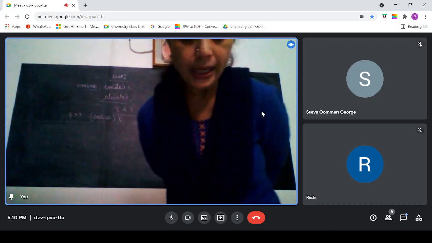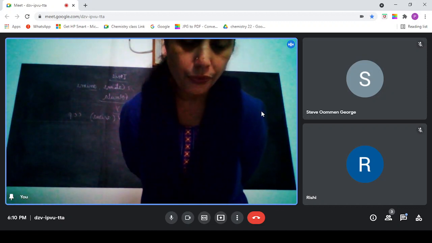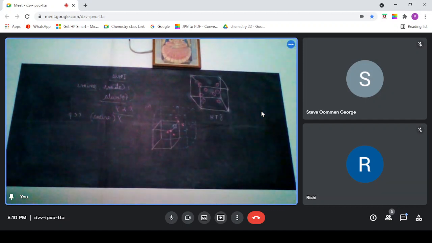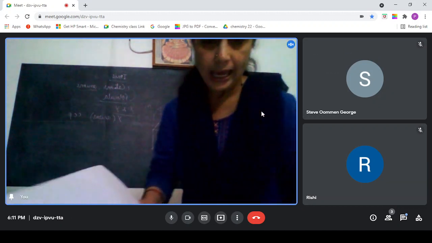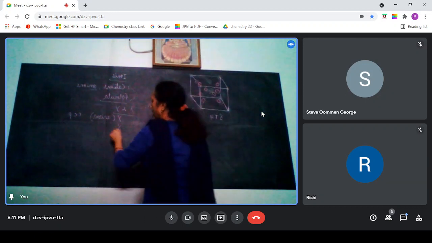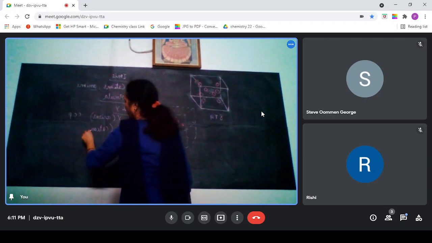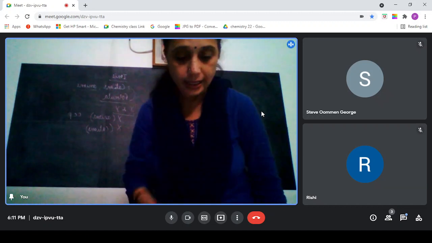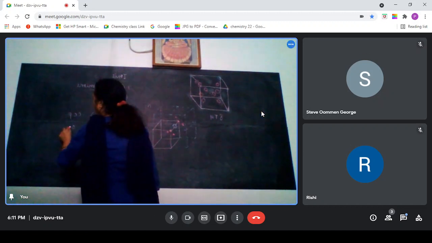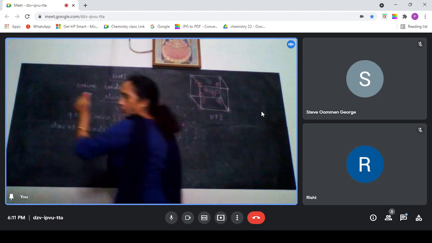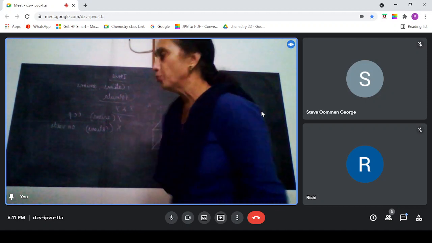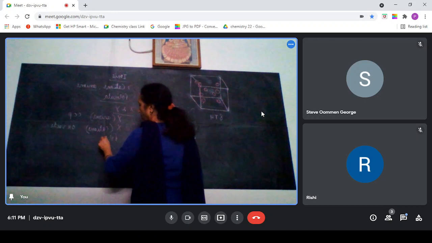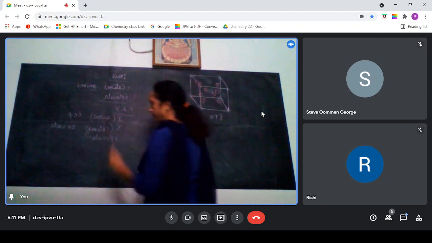And those of the element X as cations occupy all the octahedral voids. What is the formula of the compound?